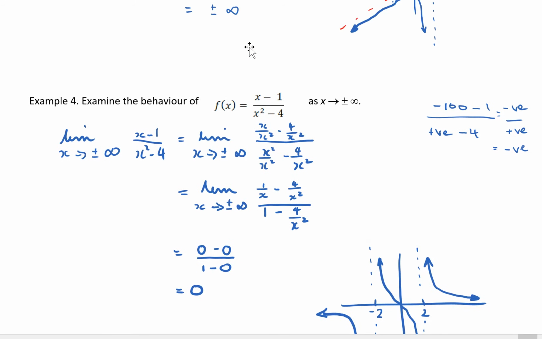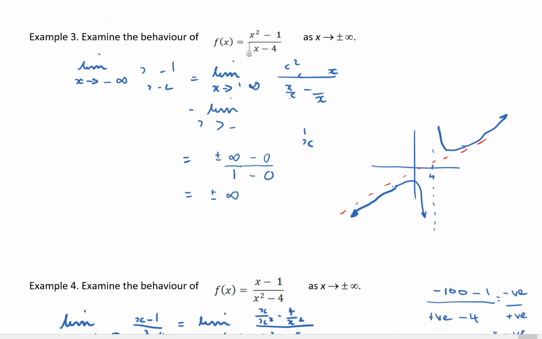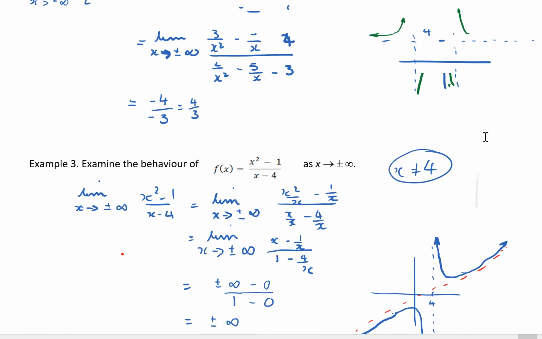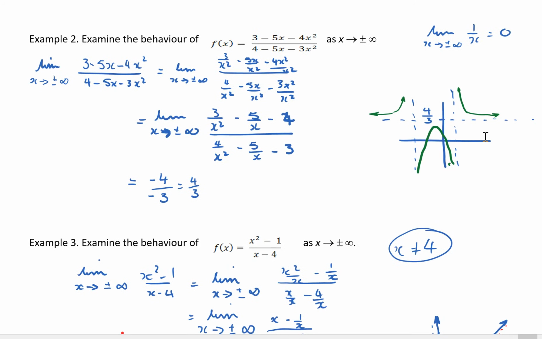And if the power of x in the numerator is bigger than in the denominator, we get this oblique asymptote.